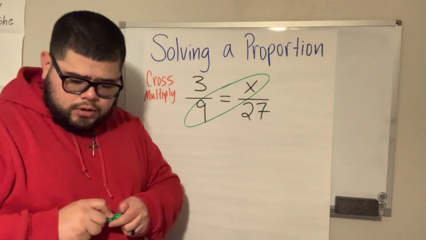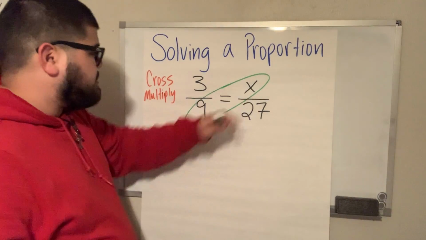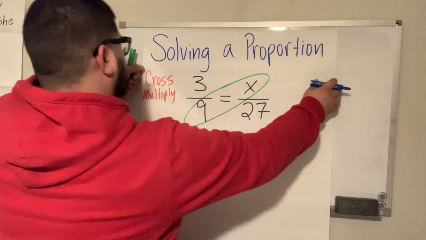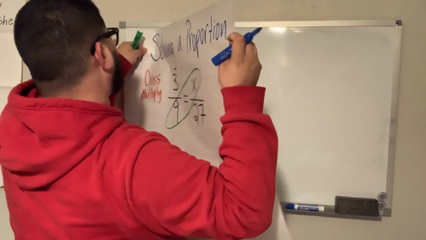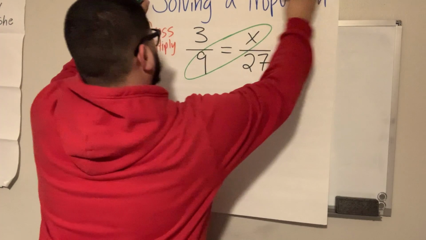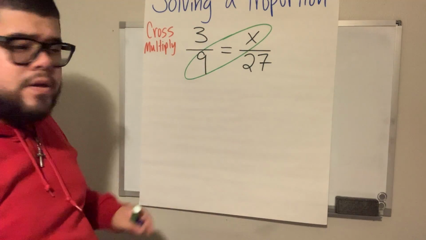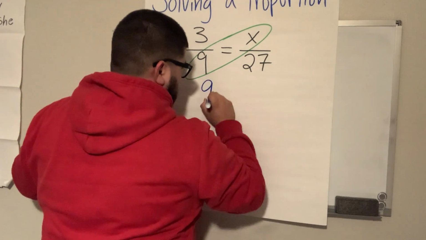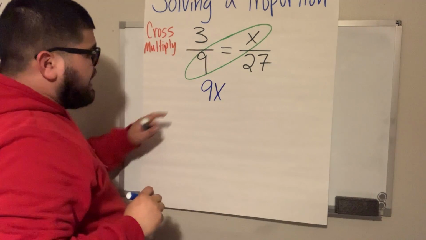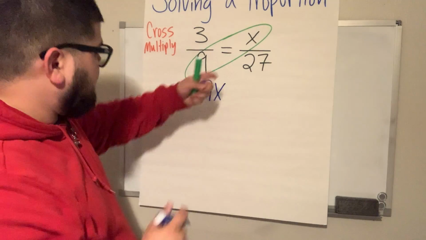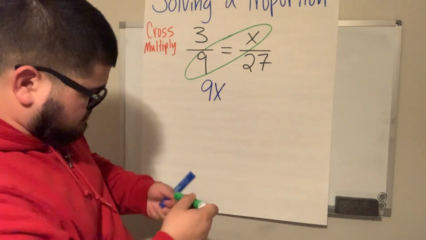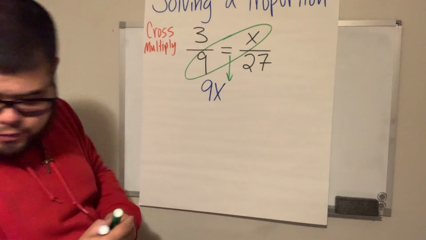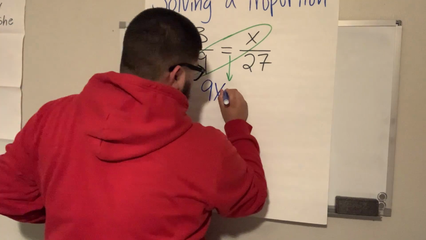We're going to multiply, so 9 times x is going to get us 9x. And then we are going to bring our equal sign straight down. Have our equal sign right here.